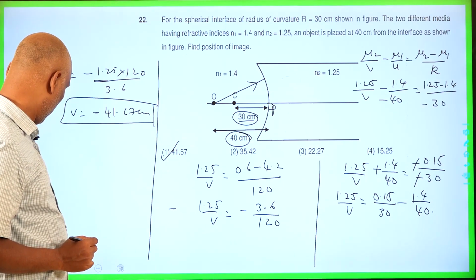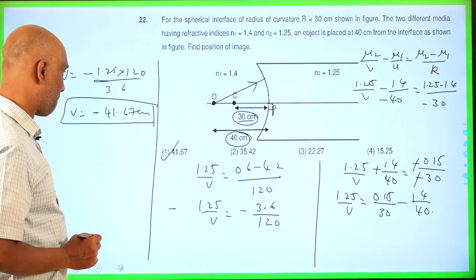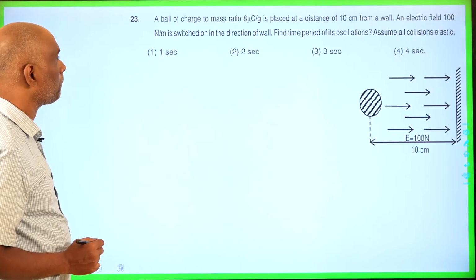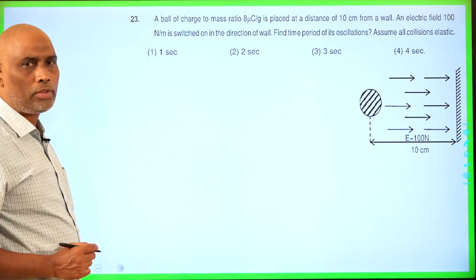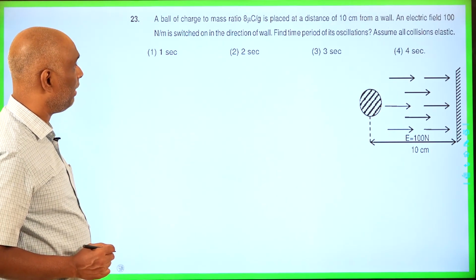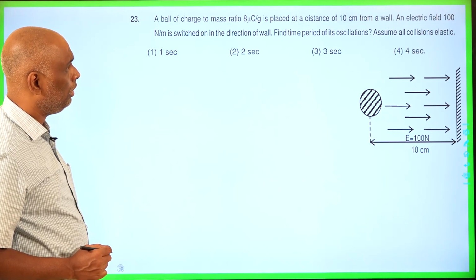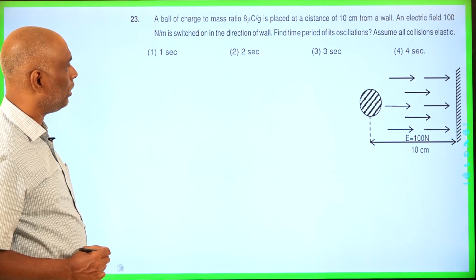Next, question number 23. A ball of charge to mass ratio 8 microcoulomb per gram is placed at a distance of 10 centimeter from a wall. An electric field of 100 Newton per meter is switched on in the direction of the wall.